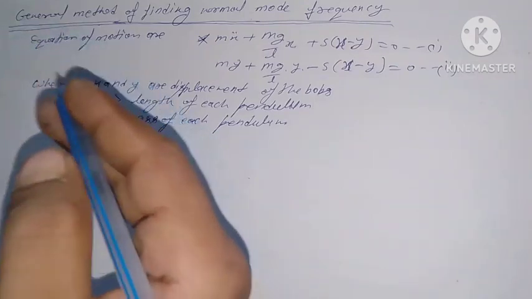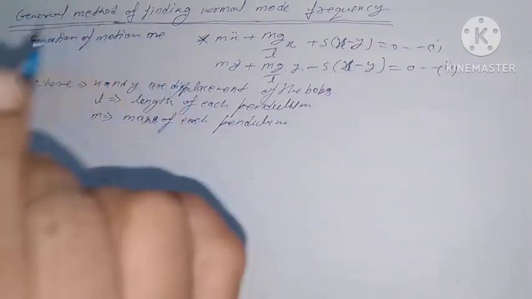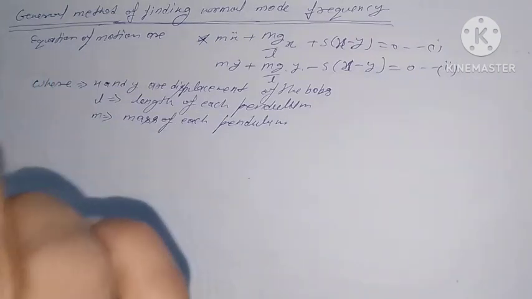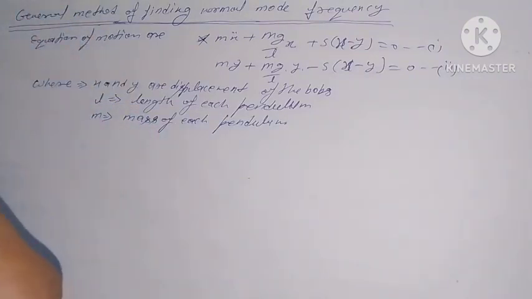Now when a coupled system oscillates in a single normal mode, each component of the system vibrates with the frequency of that mode. Therefore, supposing that the system of coupled pendulums vibrates only in one of its normal modes, let the frequency be omega.